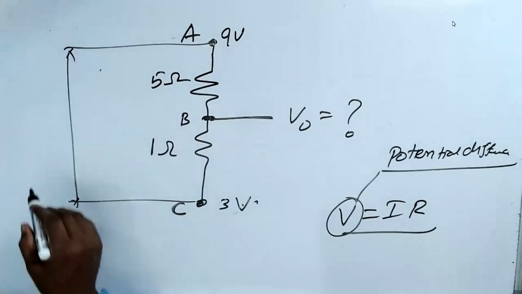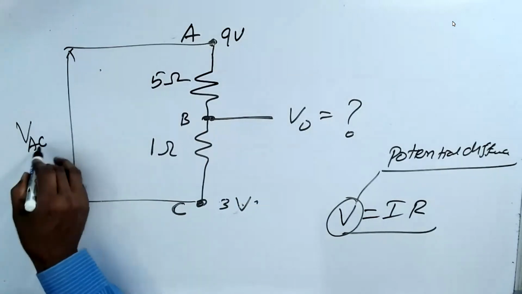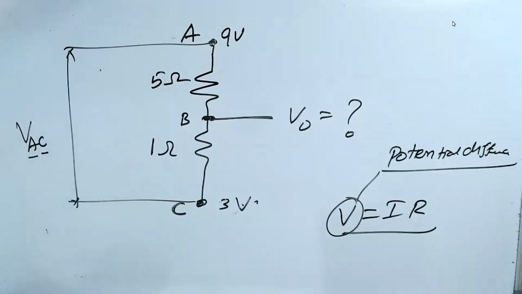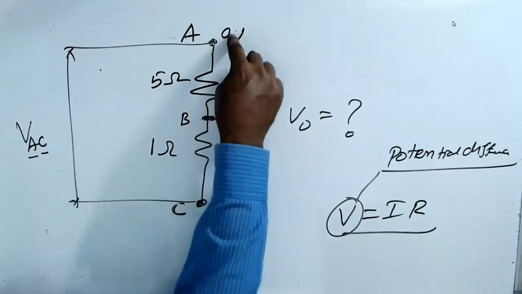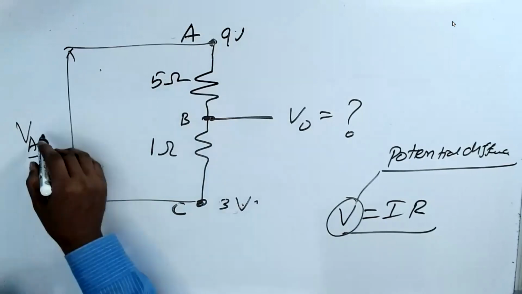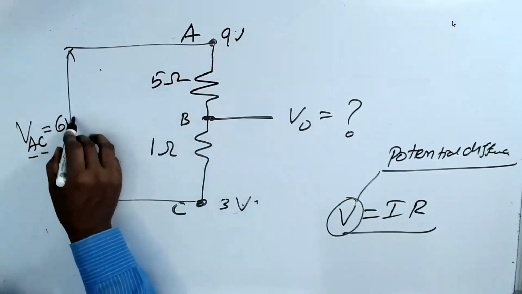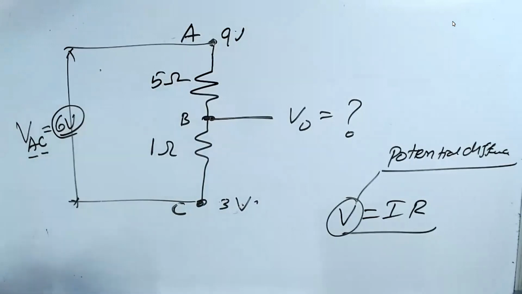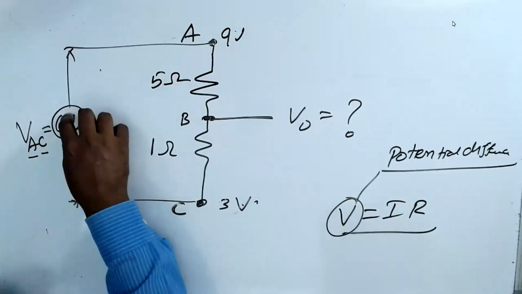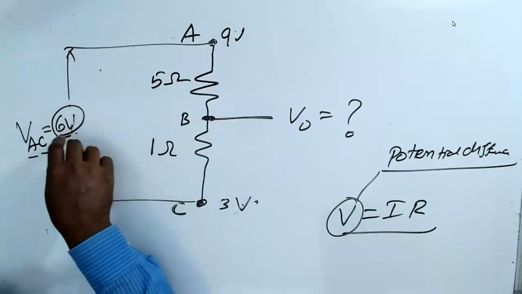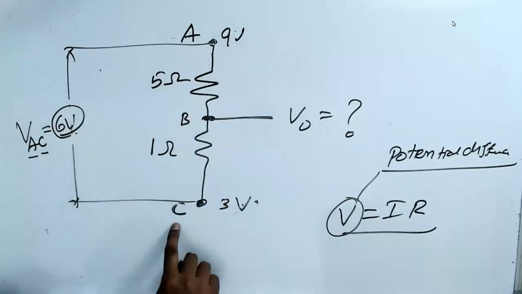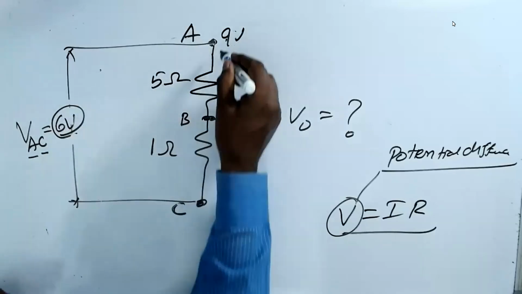We normally write VAC, because voltage requires two points. Between A and C, 9 volt and 3 volt, the difference is 6 volt, because that is a potential difference. So the difference between A and C is 6 volt, 9 minus 3.